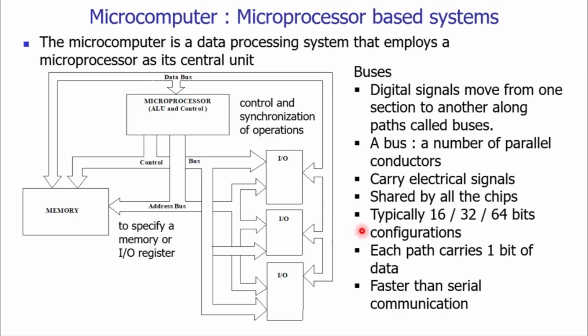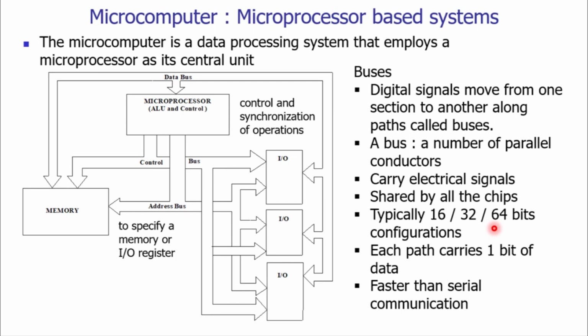So you might have gone through various configurations of microcomputer based upon the number of bits. So we can call a 16 bits configuration, or 32 bits configuration, or a 64 bits configuration.